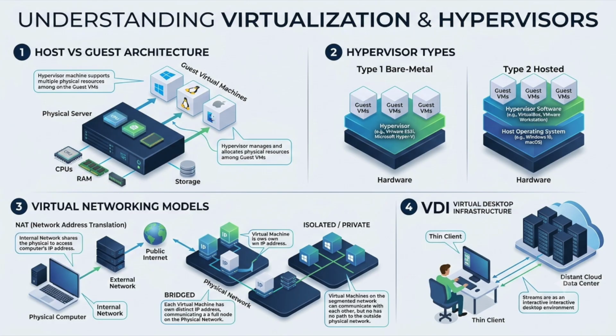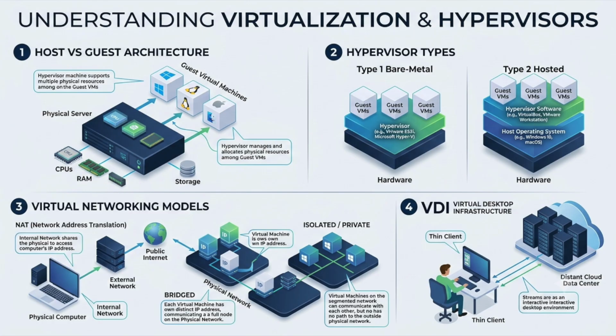And because that Type 2 hypervisor sits on top of your existing operating system, it has to ask your Mac OS for permission every single time it wants to use the CPU or access the hard drive. Oh, I see. It adds a layer of translation, which makes it slightly less efficient than a bare metal setup. However, it provides the massive convenience of letting you check your emails, browse the web, and listen to music on your primary OS while running an isolated virtual machine in the background.